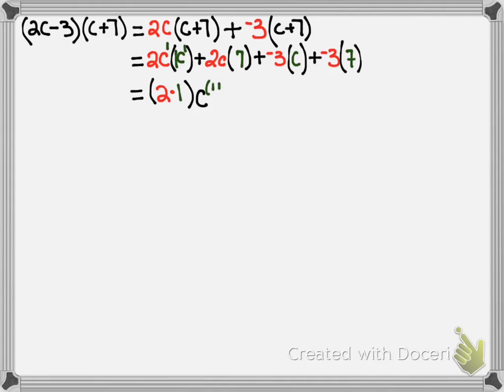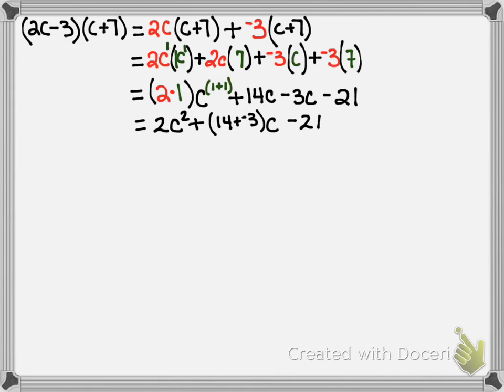And we get, of course, the product of the coefficients, the sum of the exponents for the first term, and we get 14c minus 3c minus 21. And the final answer you should have should be 2c squared plus 11c minus 21.